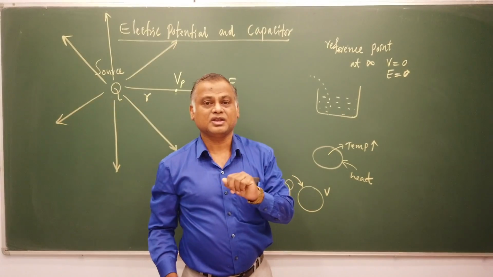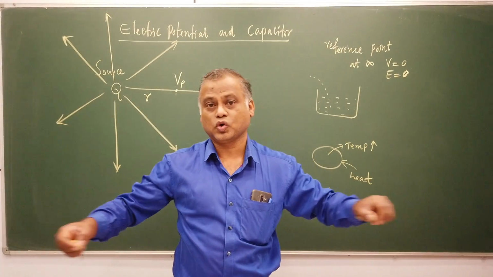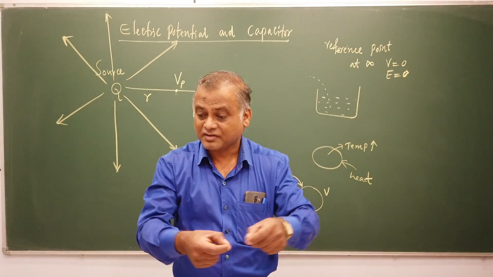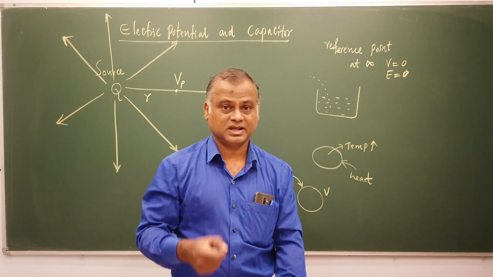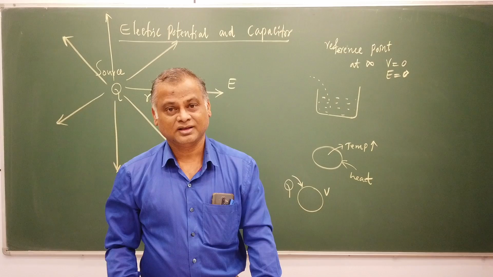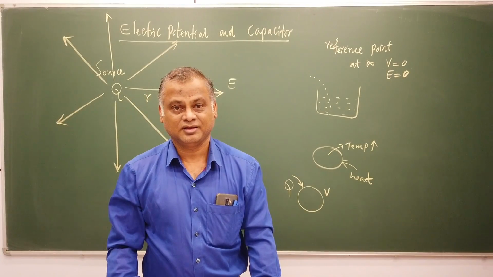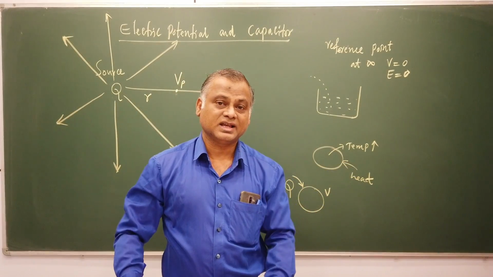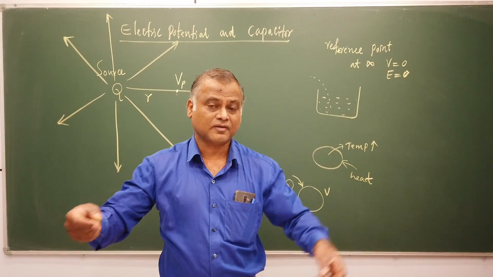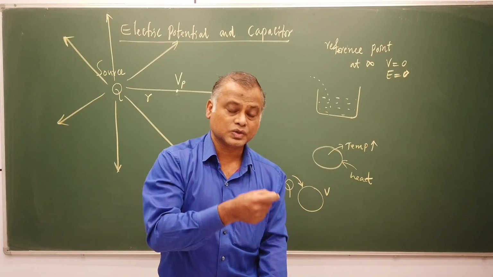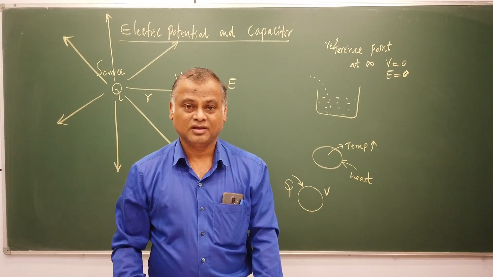For example, you want to measure the length of a board or the length of your hall. You will take a meter scale. What is the reference? The 0 mark. If it is 10 meters, you say it is 10 meters, measured using a meter scale whose reference point is 0.